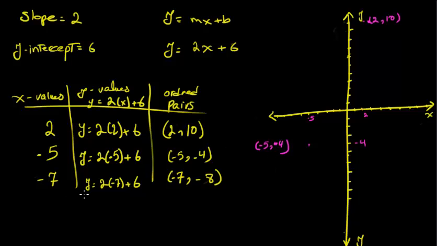Next is minus 7 and minus 8. So when x is minus 7, y is minus 8. 5, 6, 7, 8. This is minus 8. We can connect them at this point, and this is going to be our third ordered pair, which is minus 7 and minus 8.